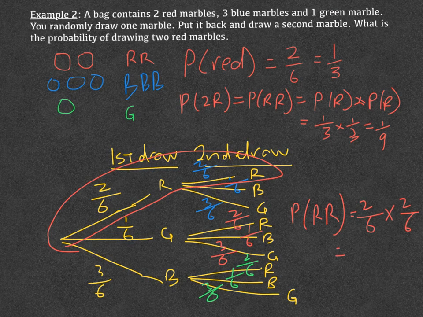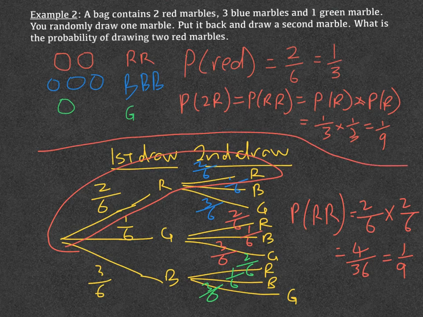Okay, and then you can simplify that to give you 4 over 36, and that is equal to 1 over 9. Now you can see that it's a lot easier using the first method when you know that the two events are independent and you can just multiply out their probabilities. The tree diagram method is another way, it's just that it's not so efficient for this example.